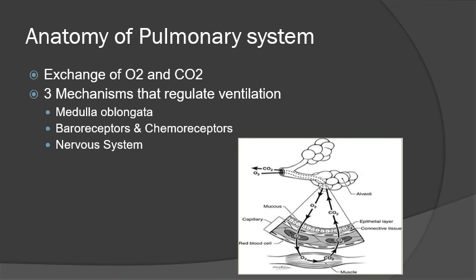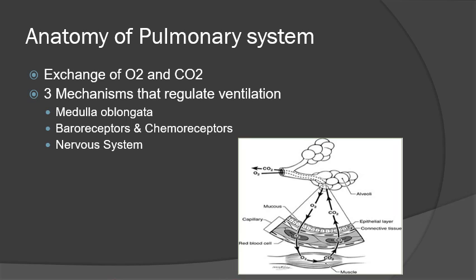So we have our three mechanisms that regulate ventilation. The first mechanism involves the regions in the medulla oblongata and the central nervous system, and that's going to be sensitive to carbon dioxide and pH levels in the blood. If the pH in the blood is low, that indicates chemical acidity, and a high pH indicates alkalinity.